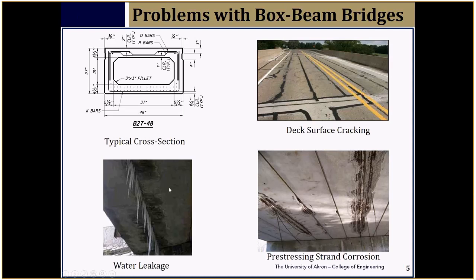On the bottom left side, you see a picture of water leaking through the joint, and this is one of the pictures I got from Pennsylvania DOT reports. And once the water and moisture penetrates the joints, you can expect a significant amount of corrosion, particularly in locations where we have chloride penetration.